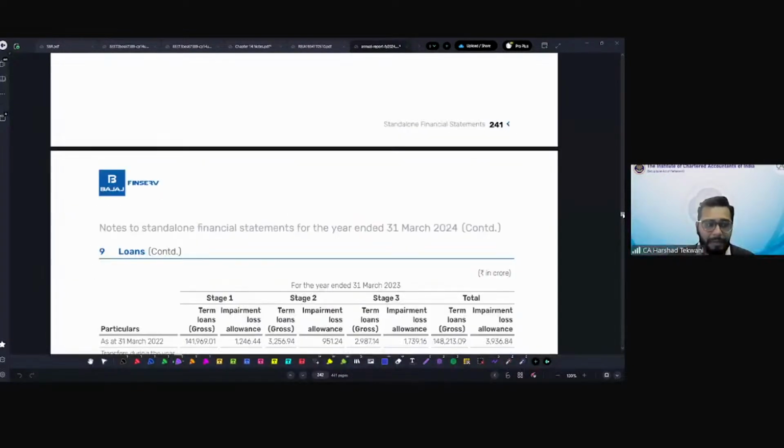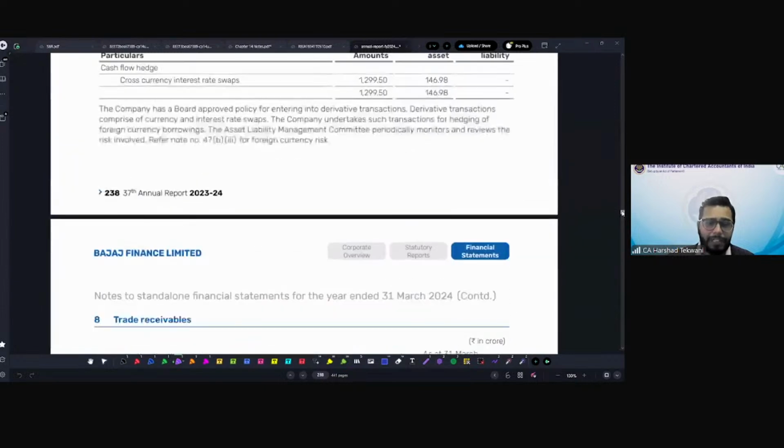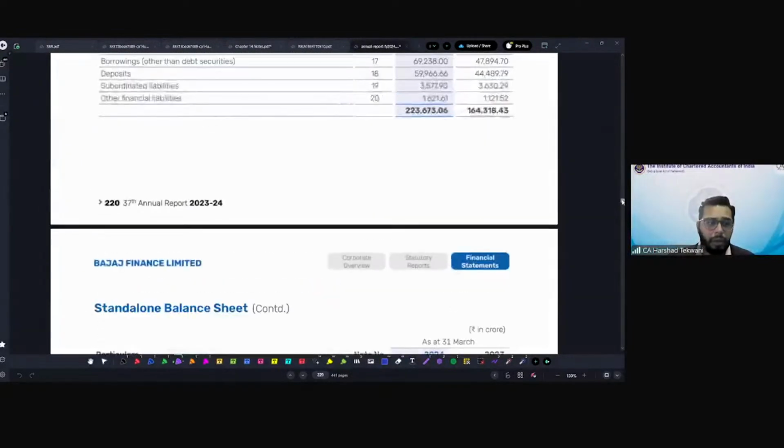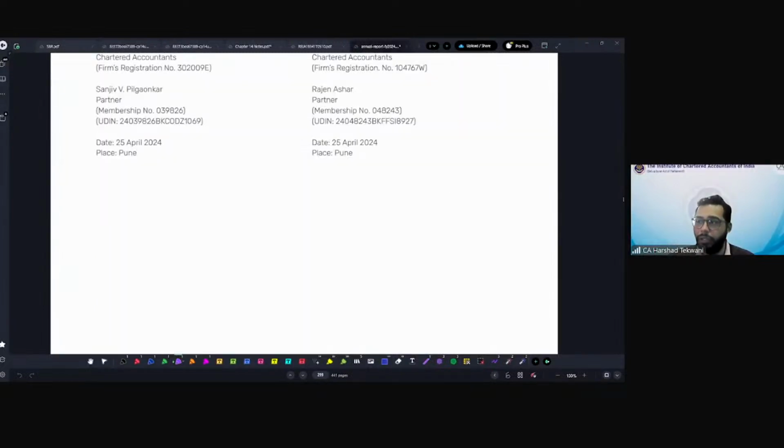Now the financial statements, can anyone tell me what is the applicable financial reporting framework for a bank? Quickly. From where is the applicable financial reporting framework coming for the banks? Anyone? Which is the applicable financial reporting framework for a bank?